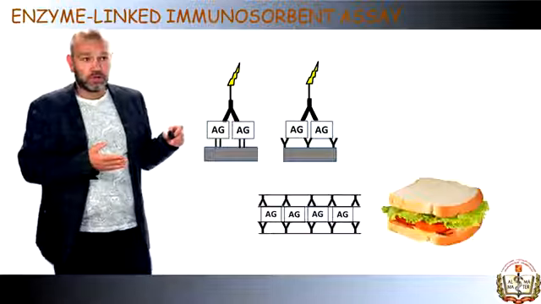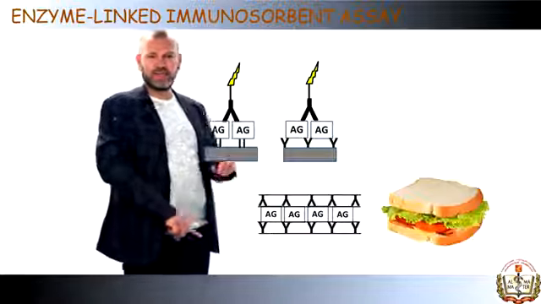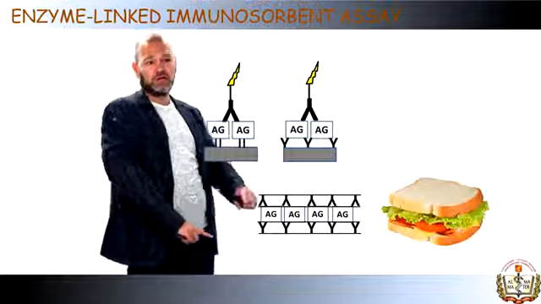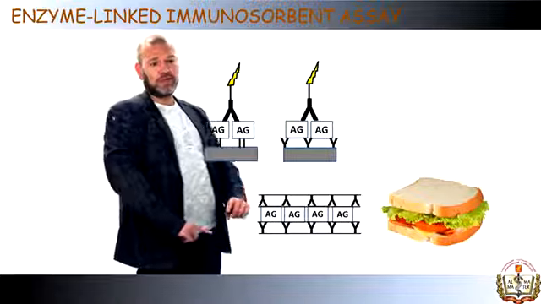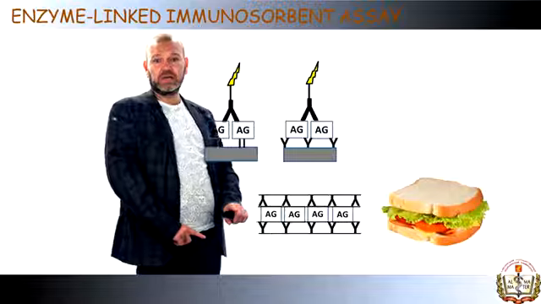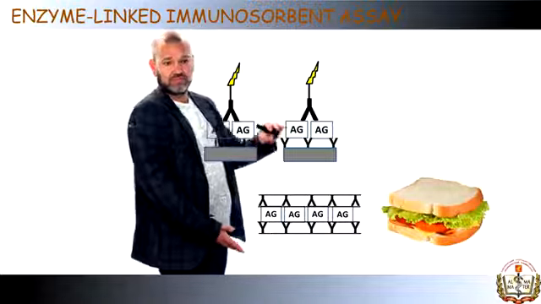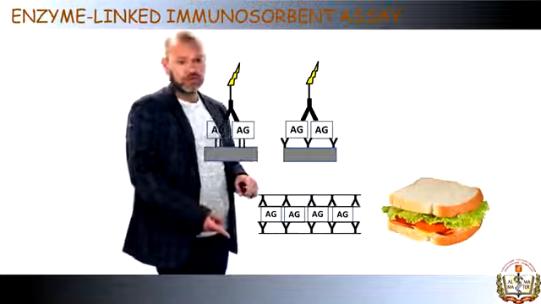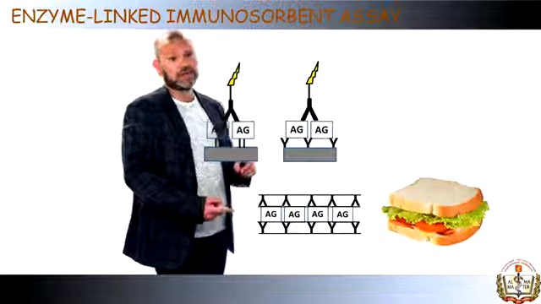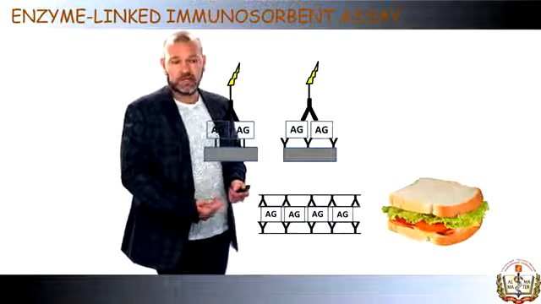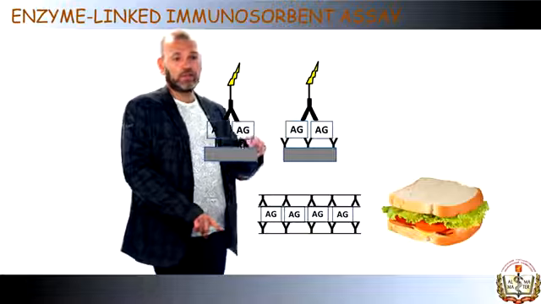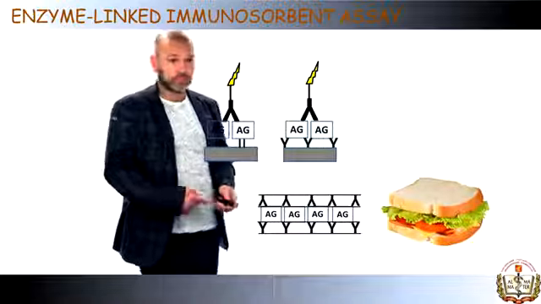Schematically, it resembles a sandwich: you have two similar layers and one unique in the center, like that food. So that modification is frequently named sandwich ELISA. You should understand that the targeted antigen is between the antibodies.